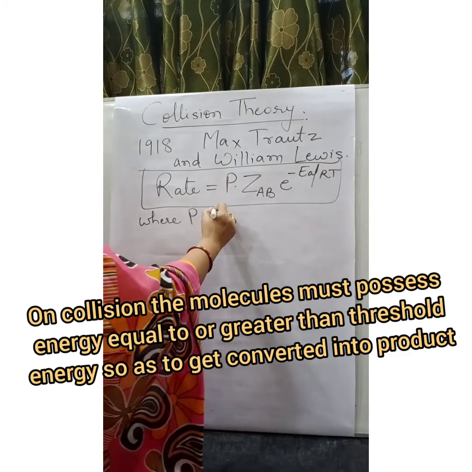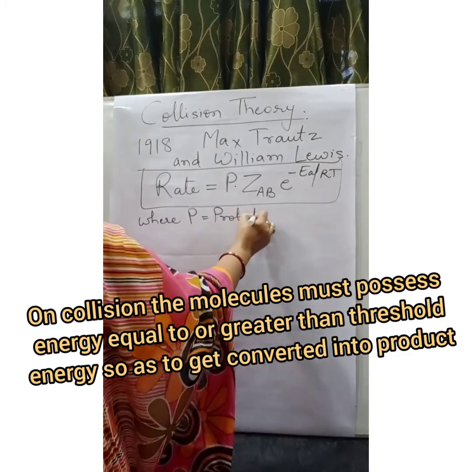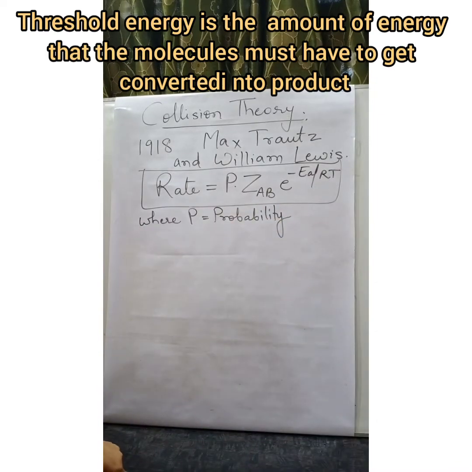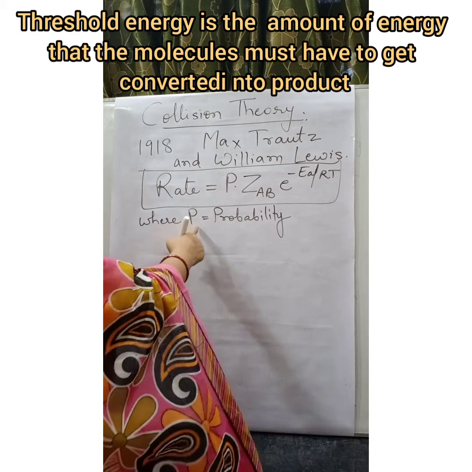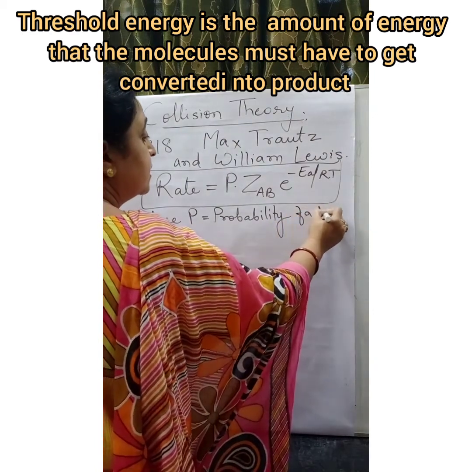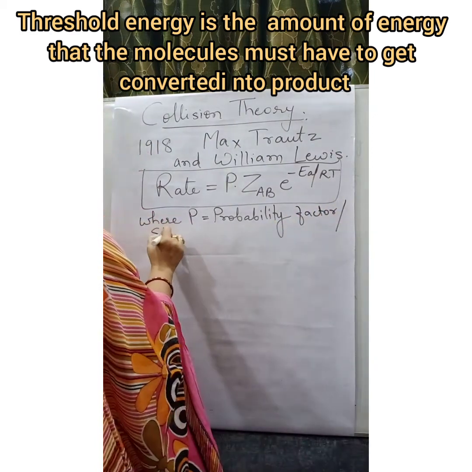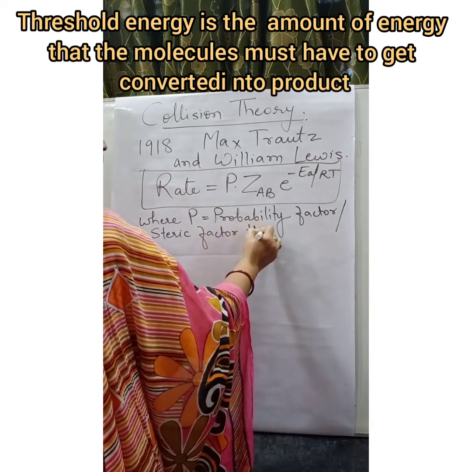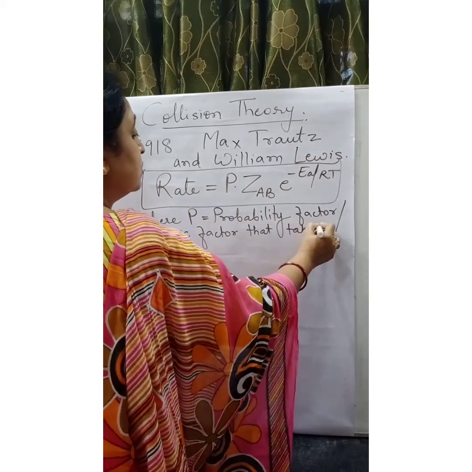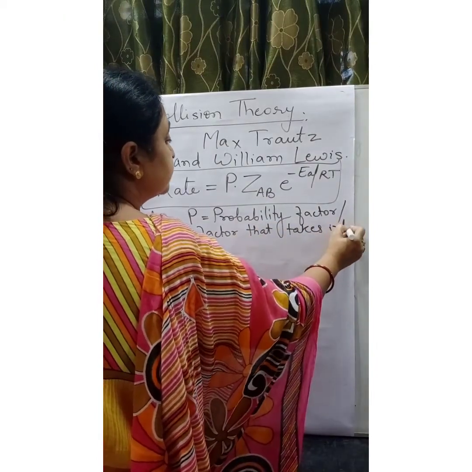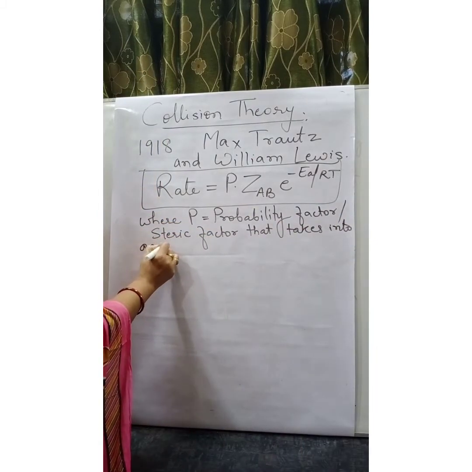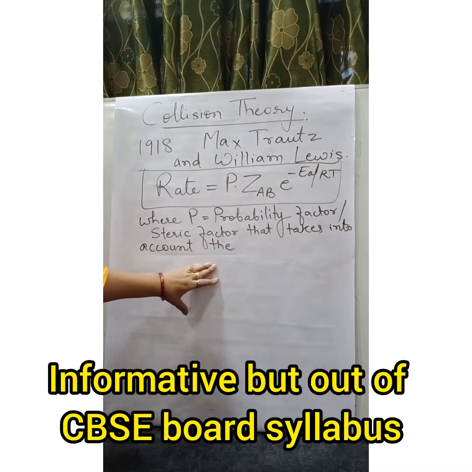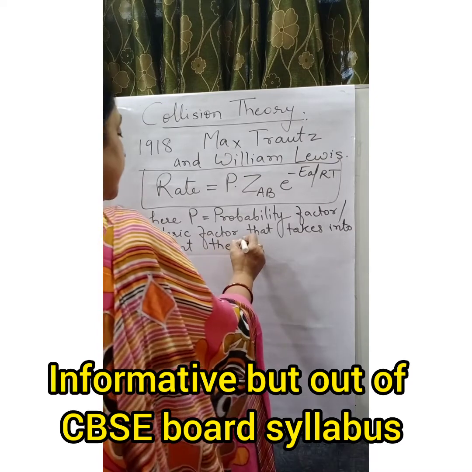P is the probability factor. You know that always the collisions are not going to be effective. It is the probability factor or steric factor that takes into account the collisions which are properly oriented.